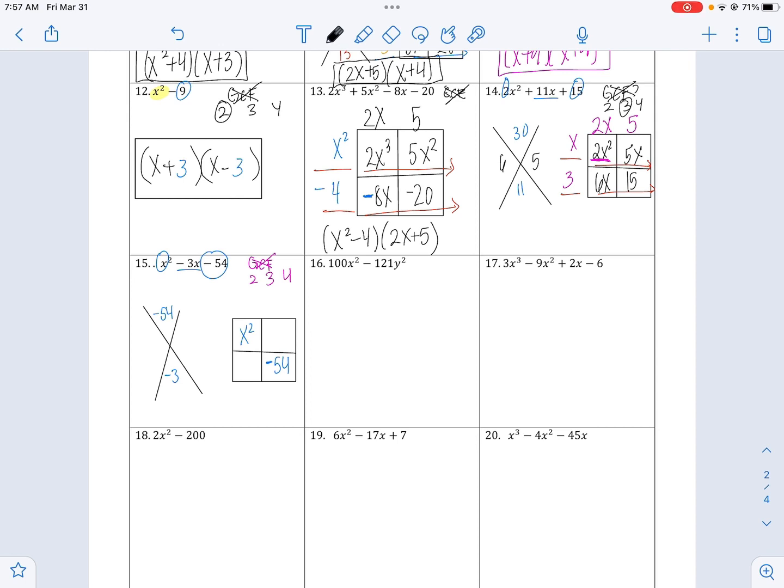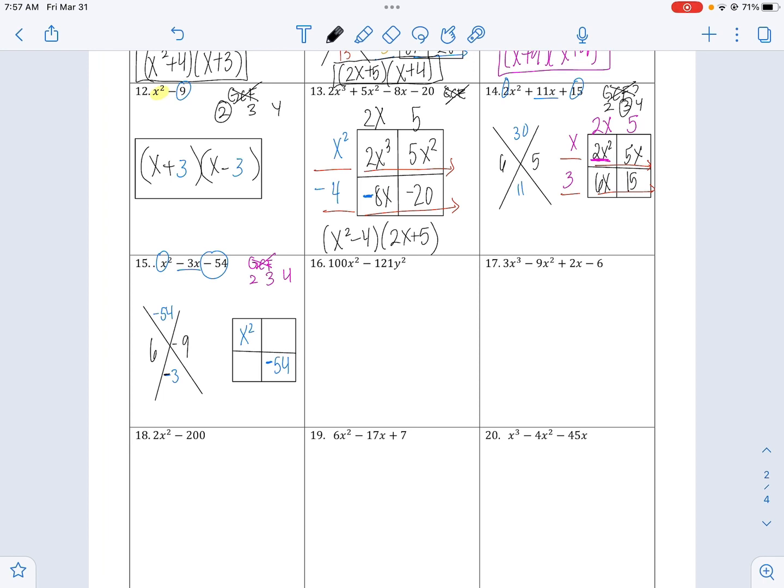Go ahead and press pause. Yes, 6 times 9. And since we have a negative number up on top, we have to have different signs for the factors. And since we want a negative 3, the sum has to be negative, so we have to have the bigger number be negative.